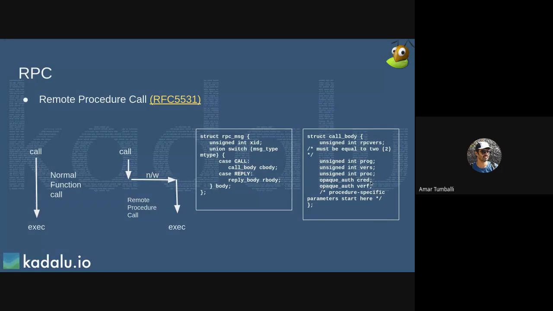The opaque auth cred and opaque auth verf are used as an authentication layer in RPC. This can be null, which means you don't have to do any authentication. After this is where the procedure-specific parameters start. That is where XDR comes into the picture.